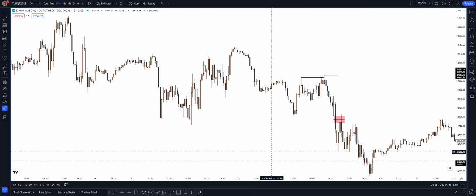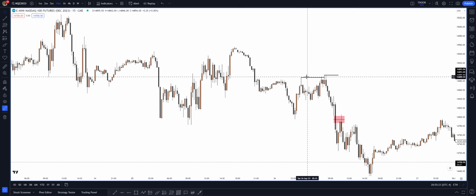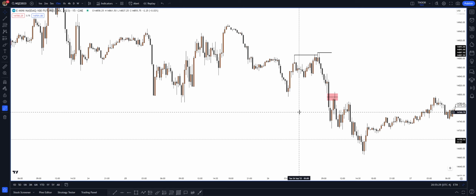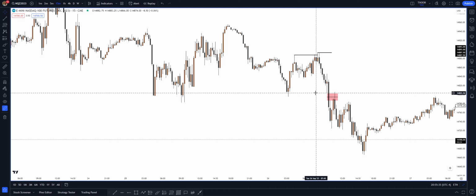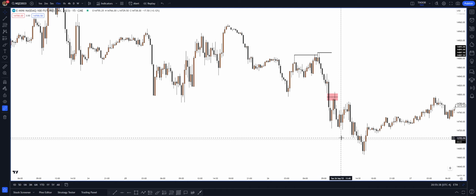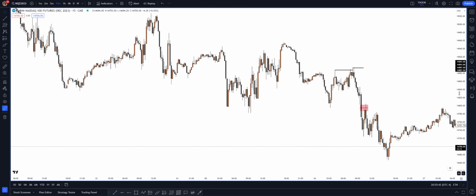The price has already engaged with the liquidity pool before New York Open. In that case, you do not expect a Judas swing into a liquidity pool. You expect a fast delivery to the opposite side of the market.